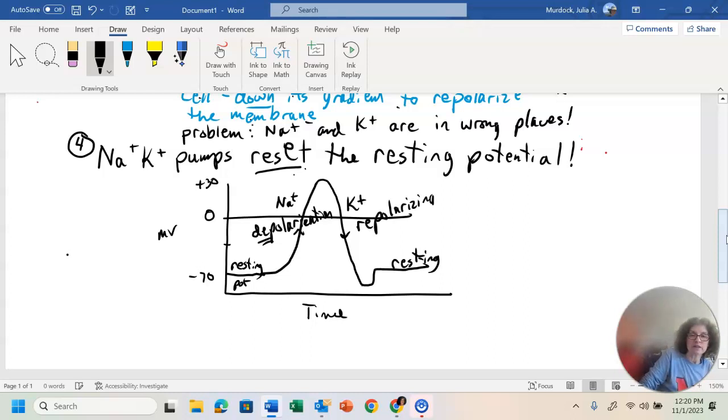Right? And this is hyperpolarizing because it goes a little too far. And then back to resting potential. Okay? All right, that is the story of the action potential, and I hope that that is helpful.